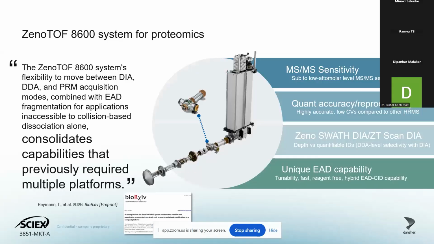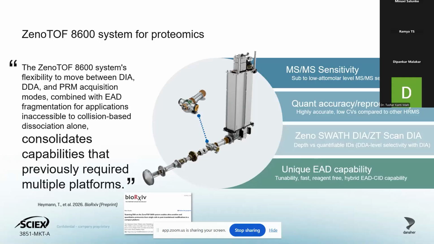Now I'll talk about the 8600 system, because it is a new technology. All the different workflows, like DIA, DDA, PRM or MRM HR acquisition modes, are possible for acquiring data. Apart from that, we also have the EAD fragmentation application, not only restricted to proteomics but even for metabolomics, where you need a higher level of electron kinetic energy for fragmentation.